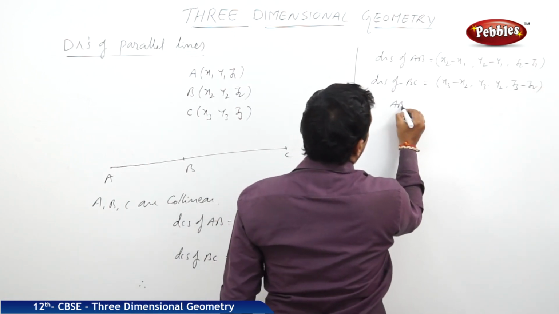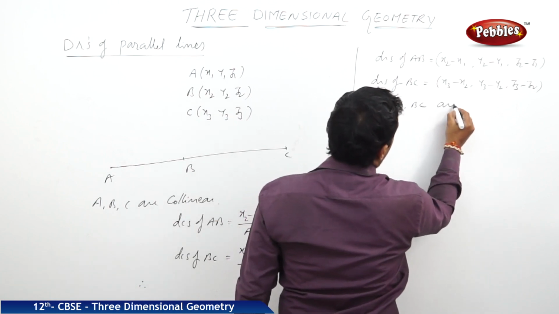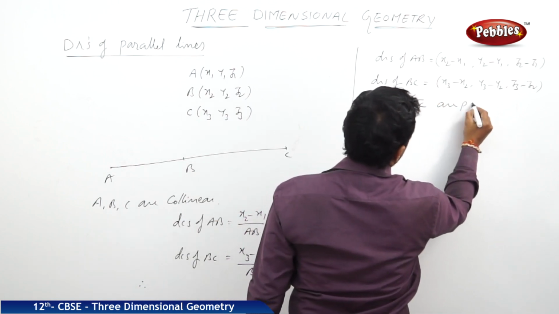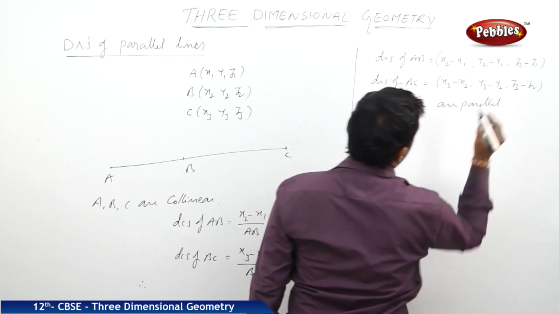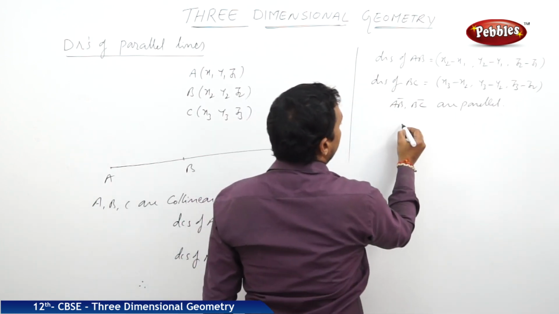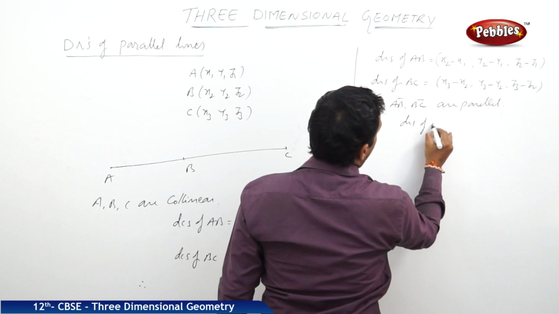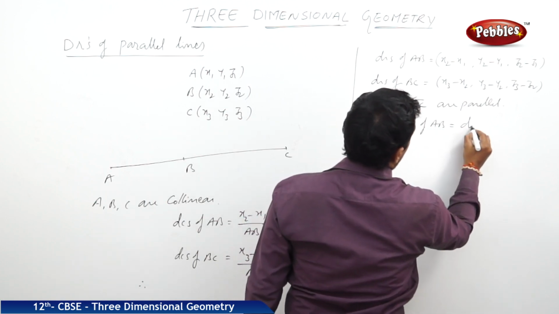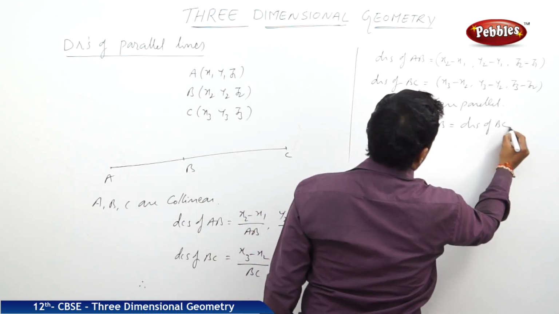Since AB and BC are parallel, these two DRs are equal. DRs of AB is equal to DRs of BC.